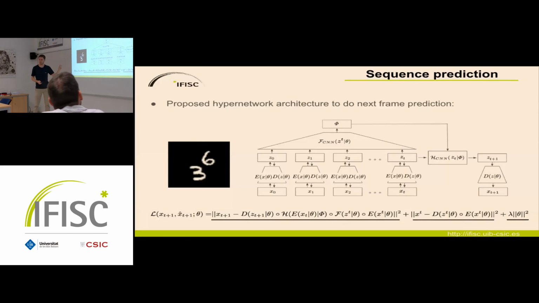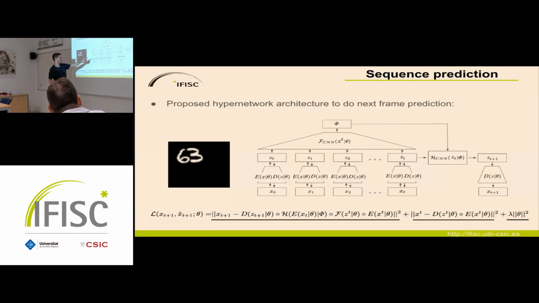So the task of interest in this work is trying to predict the next frame of this data set. What we do to predict the next frame is to encode every frame using an autoencoder. This autoencoder is shared for every frame.